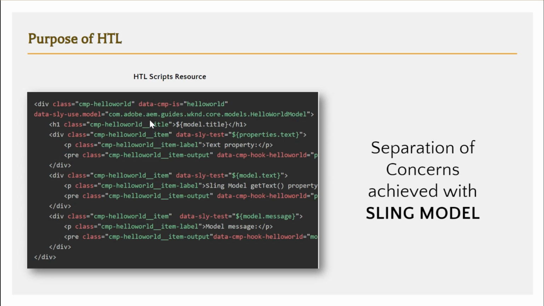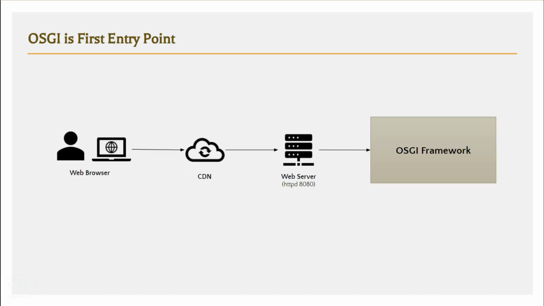So ultimately this Sling model is also resolved, and this code is also called, and everything is converted into HTML, and after it is converted to HTML, it will be sent to the client, the web browser. Then it will also be cached at the dispatcher and in the CDN, and all this caching also happens. This is how the end-to-end flow works.